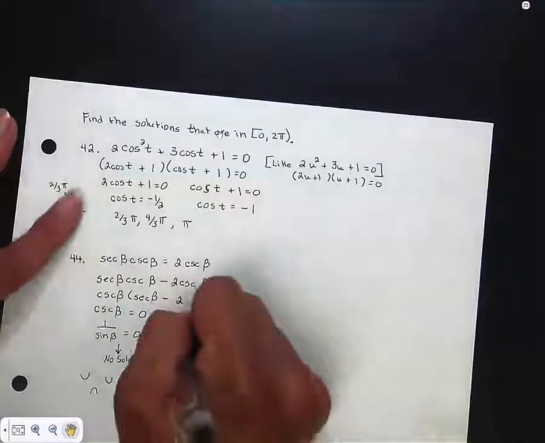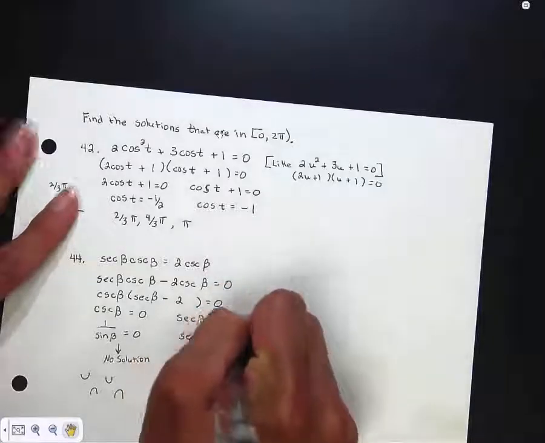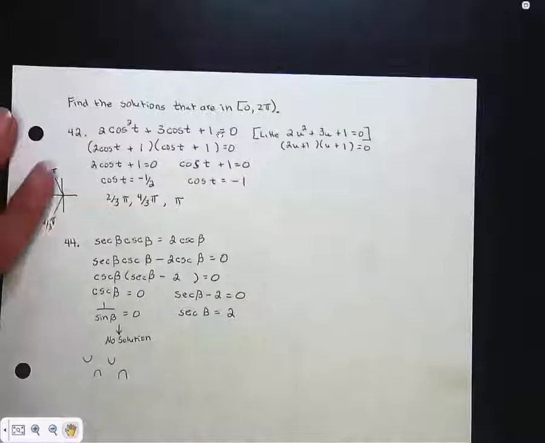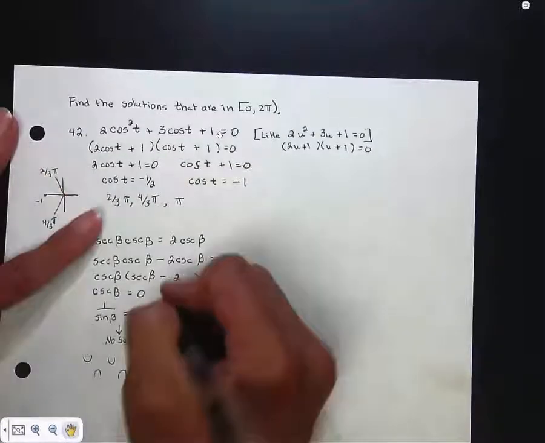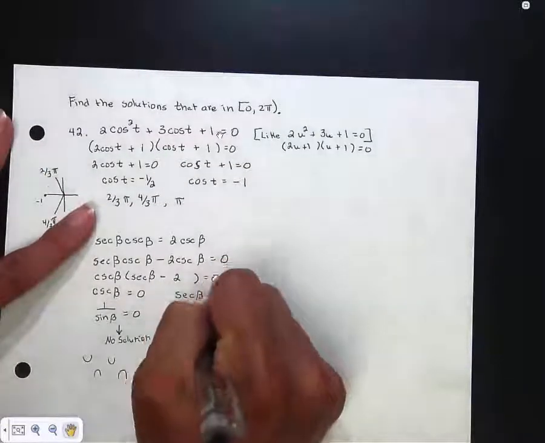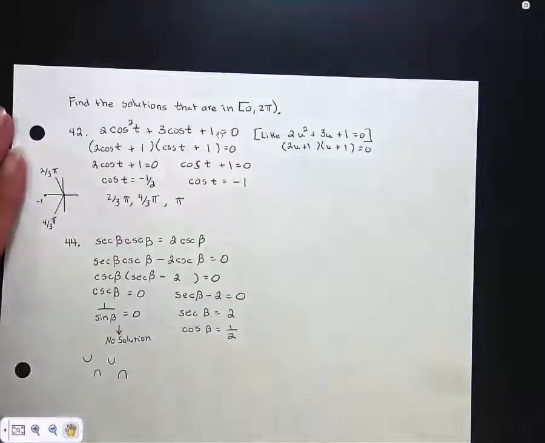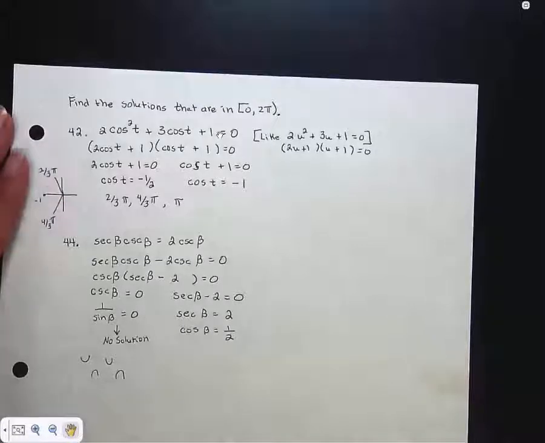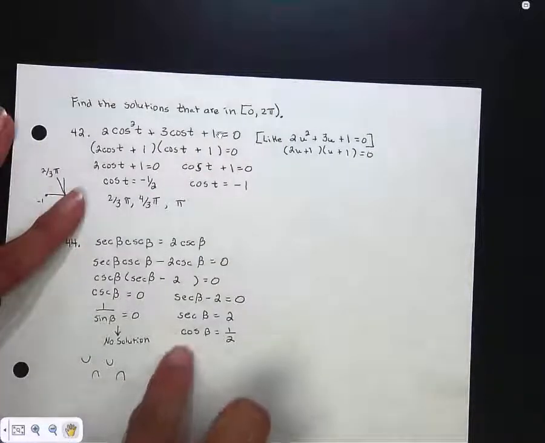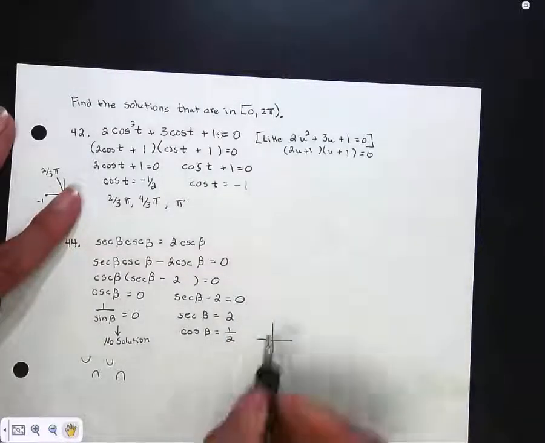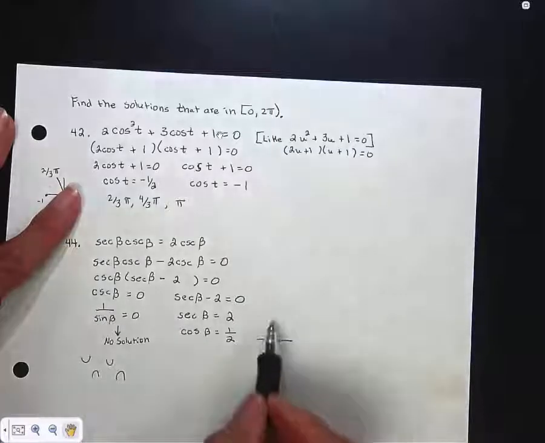So let's find where secant beta equals 2. Well, if secant beta is 2, then cosine beta is the reciprocal of 2. Cosine beta is a half. And I know that cosine is your x-coordinate, and your x-coordinate is positive in both the first and the fourth quadrant.